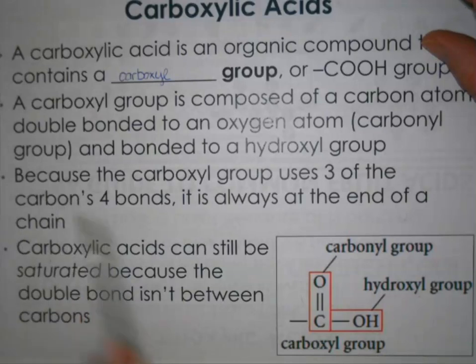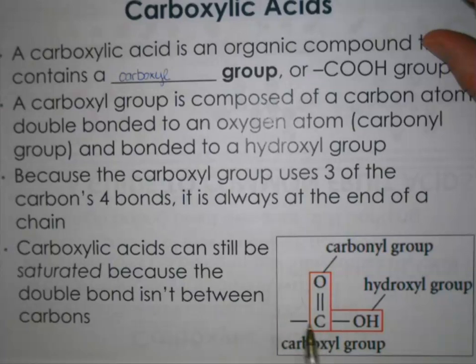Because this uses up 3 out of the 4 available bonds on a carbon, you'll always find this carboxyl group at the end of a chain. So if you're looking at a hydrocarbon chain, this will always be at the end. The only exception would be methanoic acid, in which case you would just have a hydrogen here.